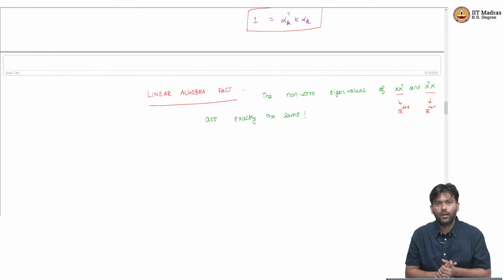I will not do that, feel free to try this. But what I am saying is that the non-zero eigenvalues, there might be 0 eigenvalues, because this is D cross D, this is n cross n, right. So, the maximum number of non-zero eigenvalues of these matrices will be the minimum of D and n, right. That is again a linear algebra fact.